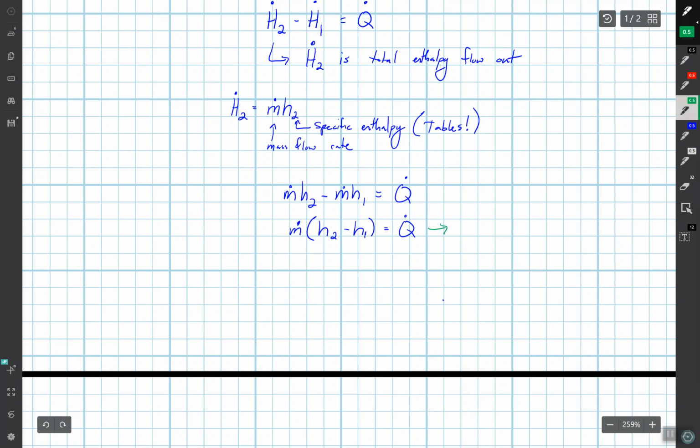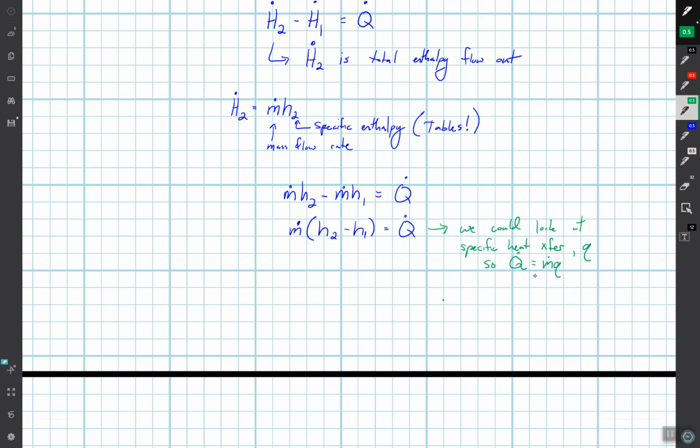So I'll just make a note here. We could look at specific heat transfer, and in some cases we will. Specific heat transfer would be Q dot, so capital Q would be equal to m dot little q.